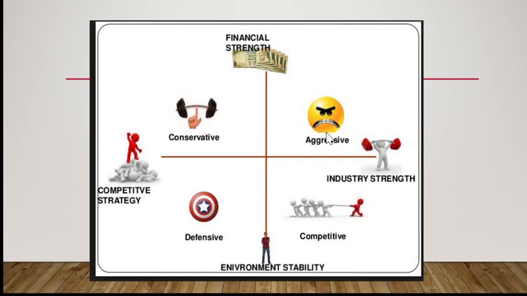So later on, ipa-plot natin yung points and then we will graph it, tapos tignan natin kung saan quadrant siya fall, and then doon tayo magsasuggest kung ano yung mga strategies na gagawin natin. Kung magiging aggressive ba tayo, competitive ba tayo, defensive, or conservative.